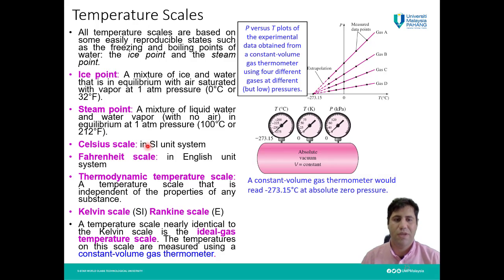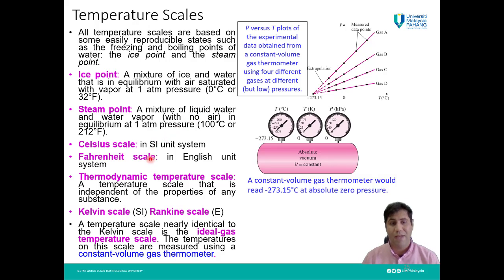Actually, in SI, the unit is Kelvin, but we can also use Celsius. Celsius is, if we divide the temperature scale between 0 degrees and 100 degrees Celsius into 100 different spaces, we call each one of the points between these two 1 degree Celsius.